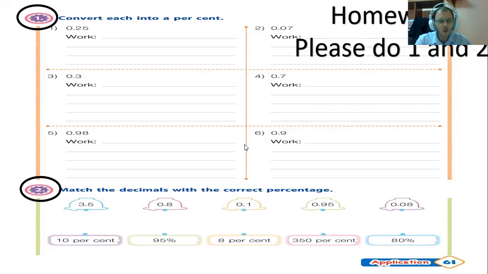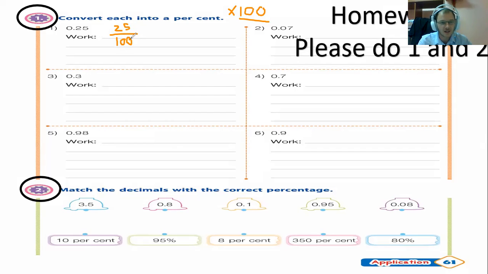The most important thing when we are converting decimals into a percentage is always multiply by 100. Very important. We always have to multiply by 100 when we convert decimal to percentage. If we convert decimal to fraction before we convert to a percentage, then we always have to put our number over 100.